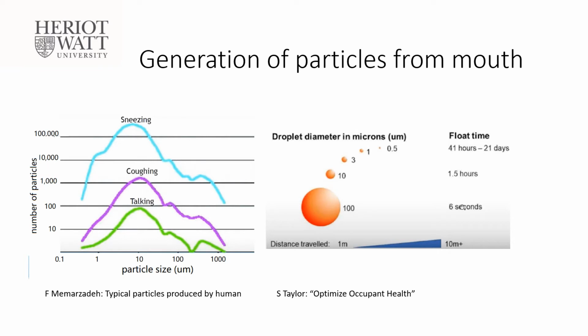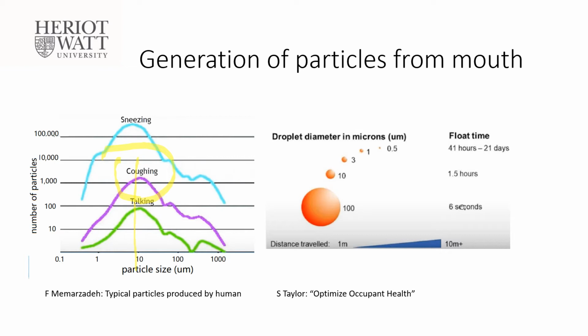Now let's look at one cough or one sneeze, or just normal talking. How many particles, and what are the sizes? This has been well studied a few years ago. Here we can see that a normal cough can create more than 1,000 particles with a size of 10 microns.